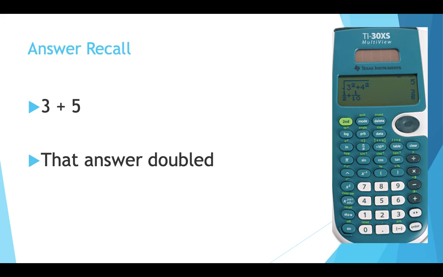So if you ended up with a number that was, say, 10,583,204, you could just hit second answer to recall that answer, and then say divided by 5 or whatever, and you can get an answer.